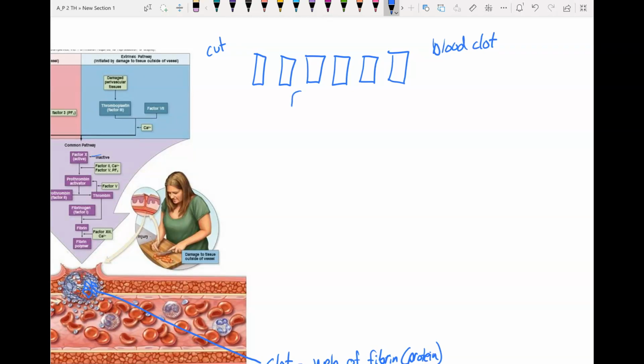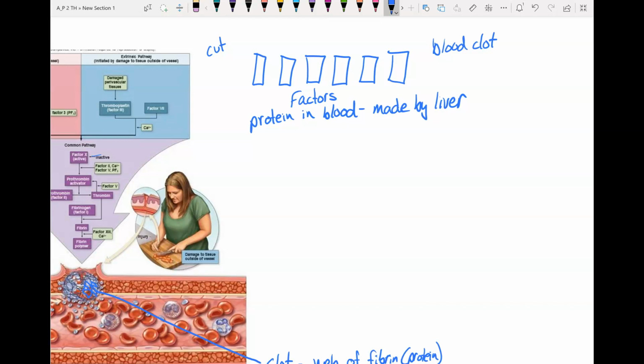These dominoes are factors. Factors are proteins that are in your blood. And they are made by your liver. And they're inactive. So just like when these dominoes are standing up, they're inactive. Or sometimes you can think of it like having a can of SpaghettiOs in your kitchen cabinet.